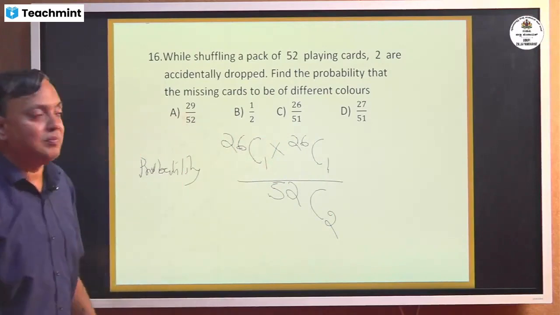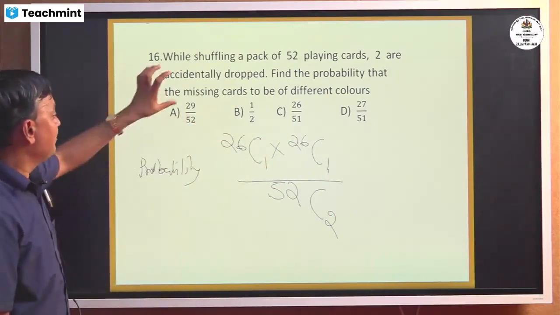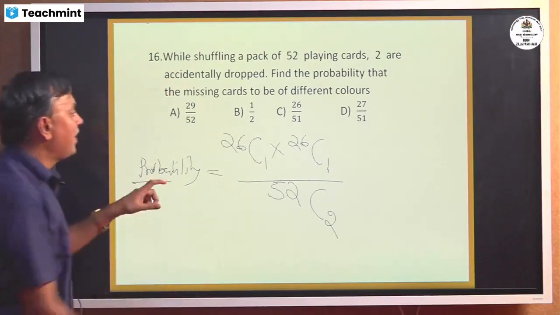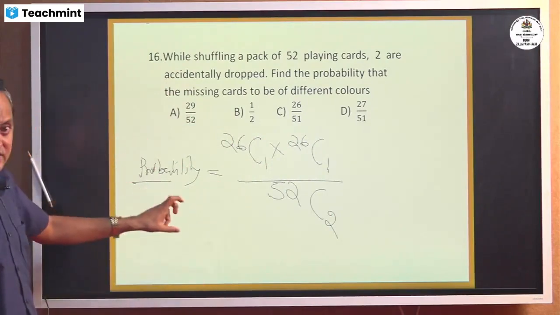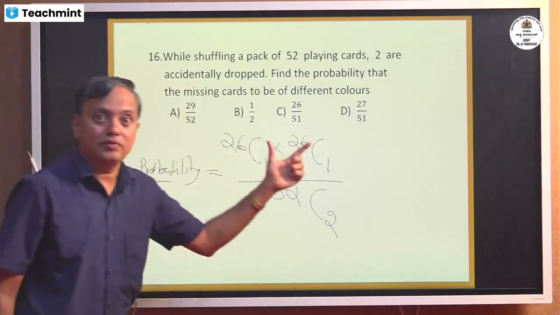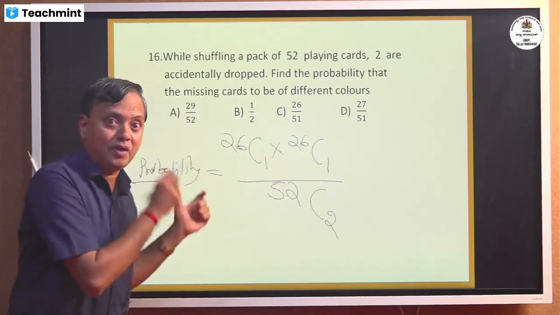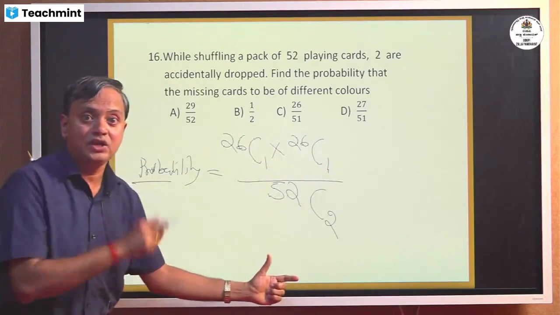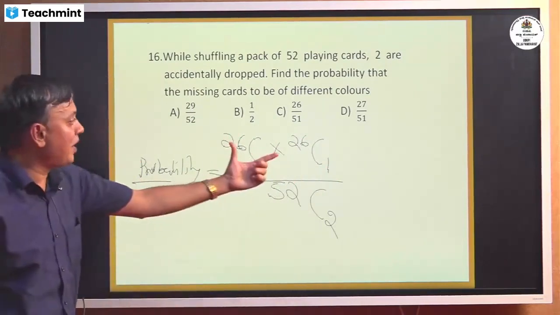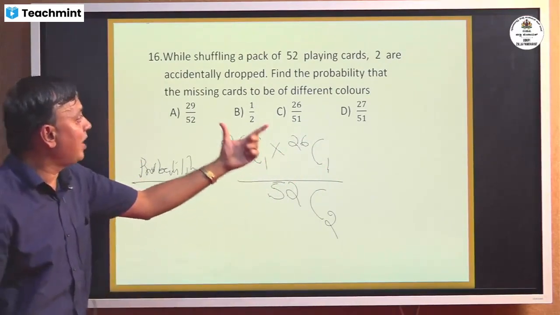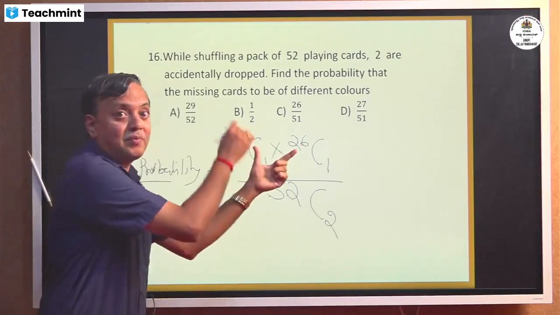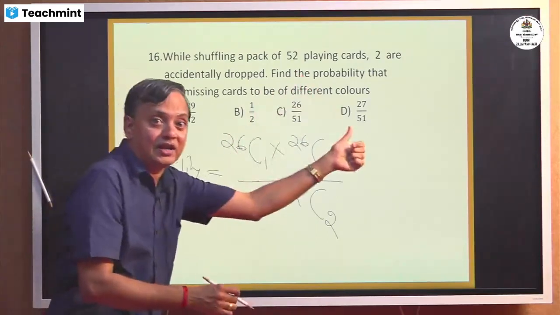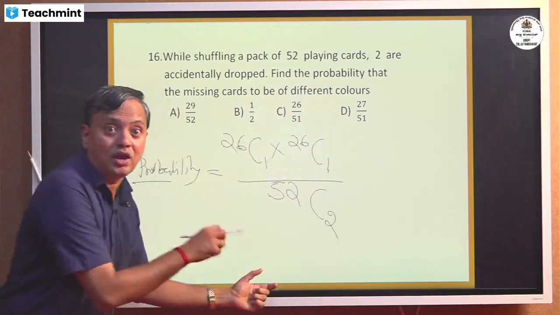So what is the probability of missing cards? We know the probability of any event is equal to the number of favorable outcomes of that event divided by total outcomes. So the probability is the number of favorable outcomes, one black card missing and one red card missing, divided by total outcomes.